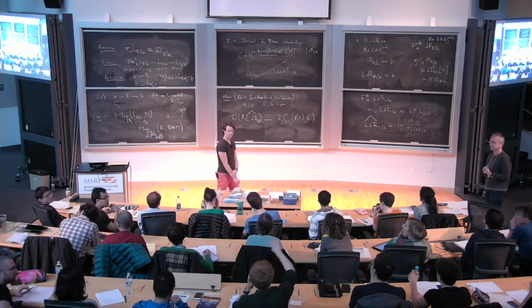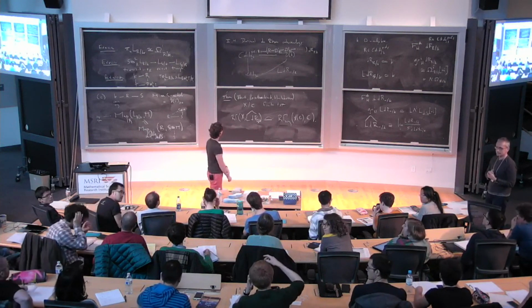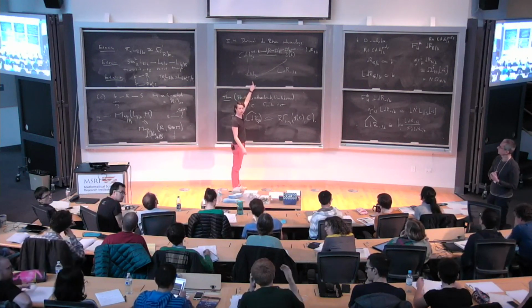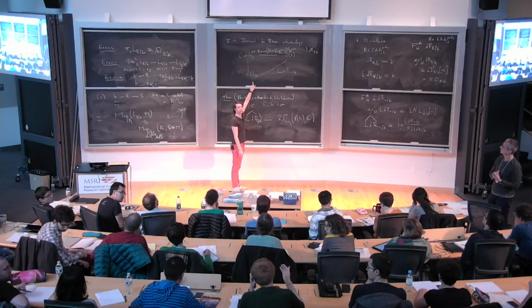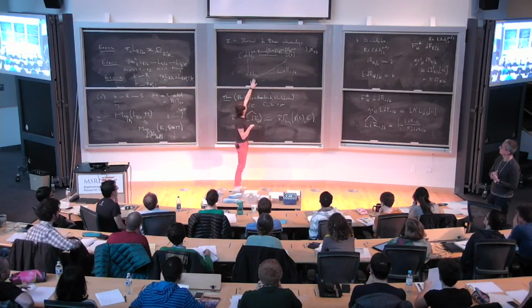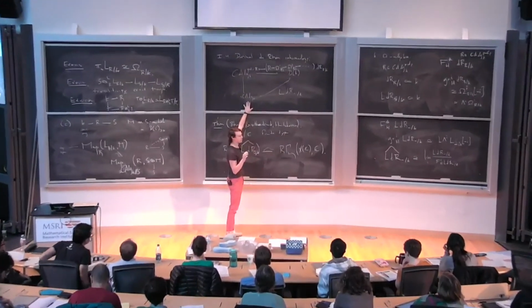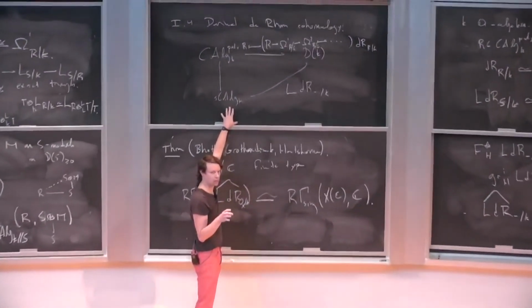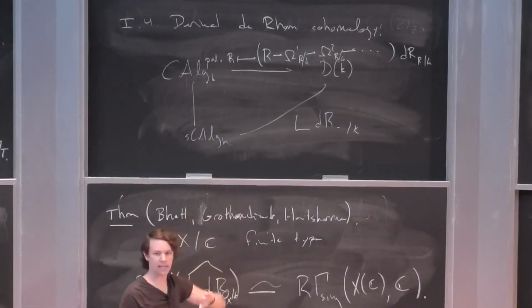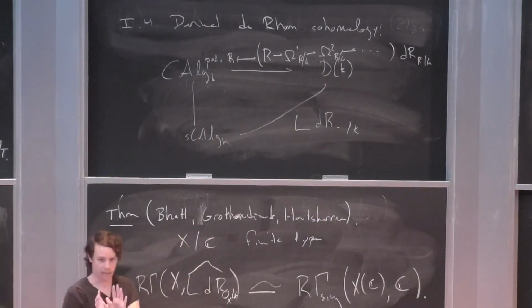I don't completely understand the question, but maybe the question is whether this is my model for the derived category of simplicial commutative K-algebras? Oh, yeah, right, exactly. You're right, that's right.